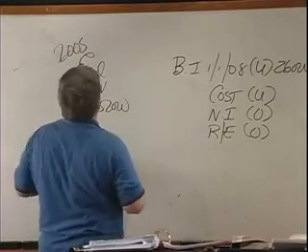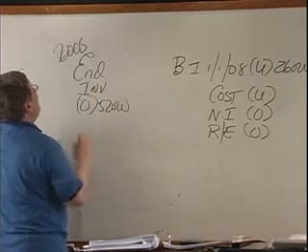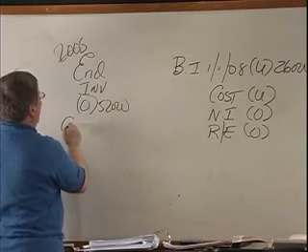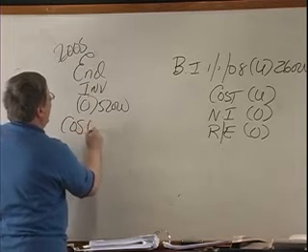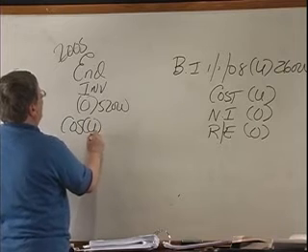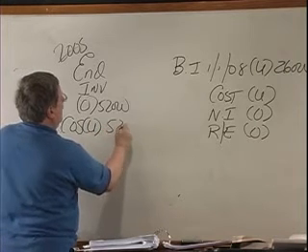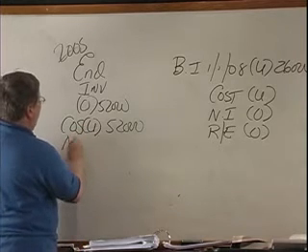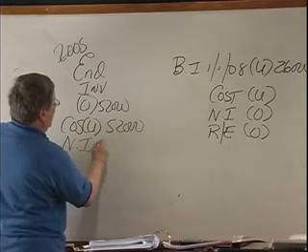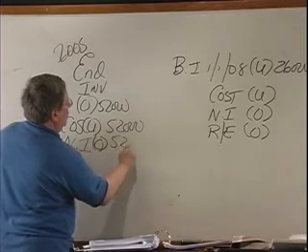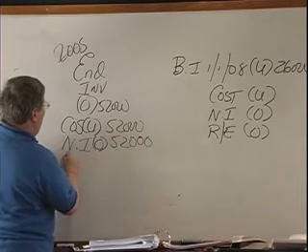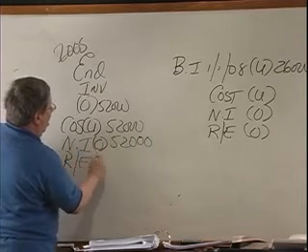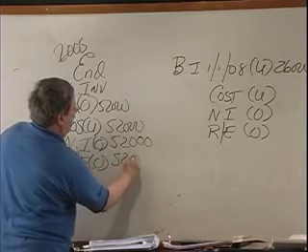Now, if ending inventory is overstated, you had more inventory than you sold, then your cost of sales would be what? Understated by $52,000. Now, if cost of sales is understated, then net income is what? Overstated by $52,000. And retained earnings is overstated by $52,000.